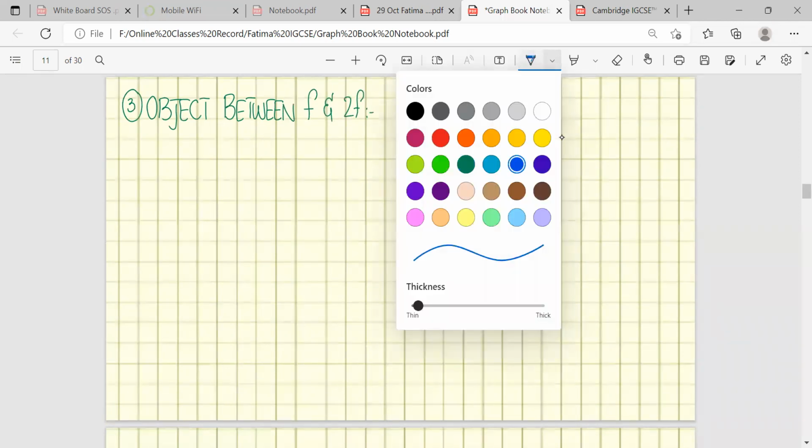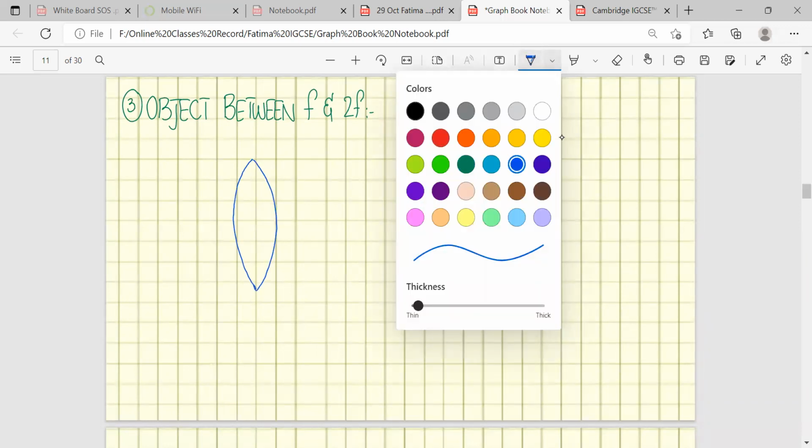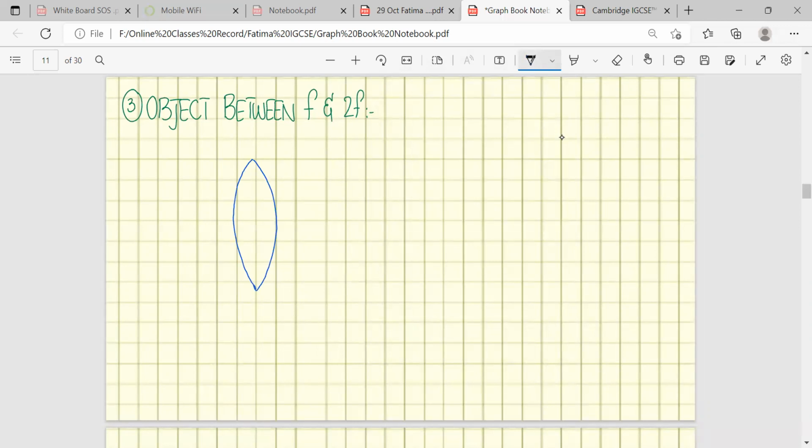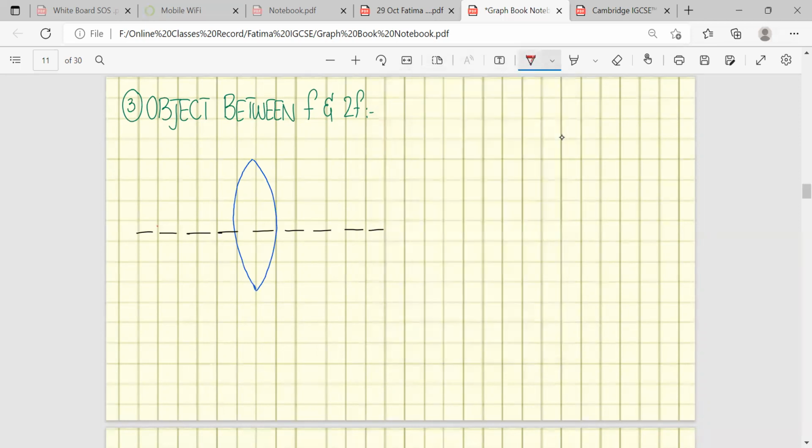So the image of that object: optical center, principal axis, and the object is going to be placed in between F and 2F. So this is our 2F and this is our F, at equal distance from the lens on the other side, and the object is going to be placed in between F and 2F.